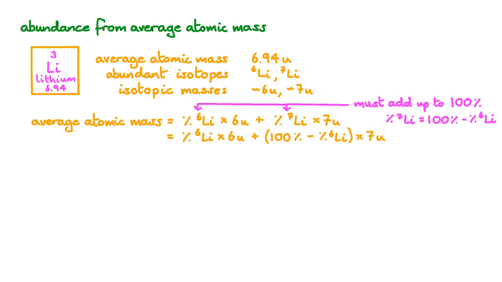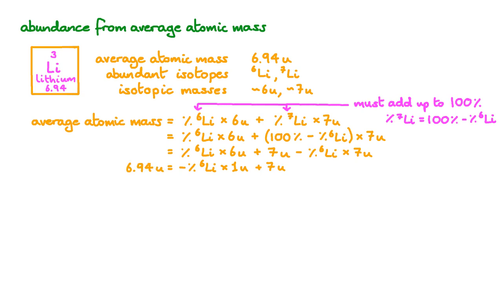So we can substitute in that the percentage of lithium-7 is equal to 100% minus the percentage of lithium-6. This expands to the percentage of lithium-6 multiplied by 6 U plus 7 U minus the percentage of lithium-6 multiplied by 7 U. This simplifies to negative the percentage of lithium-6 multiplied by 1 U plus 7 U.